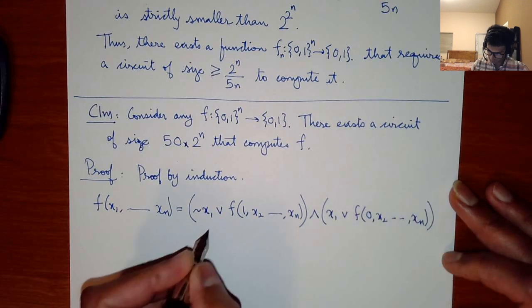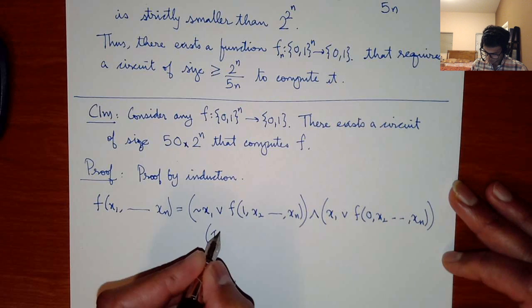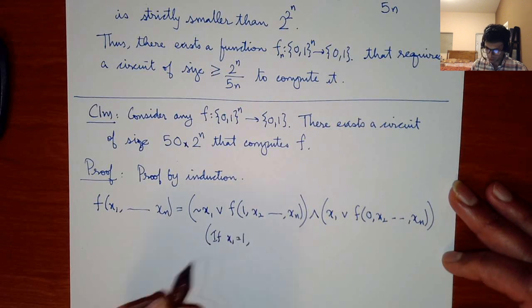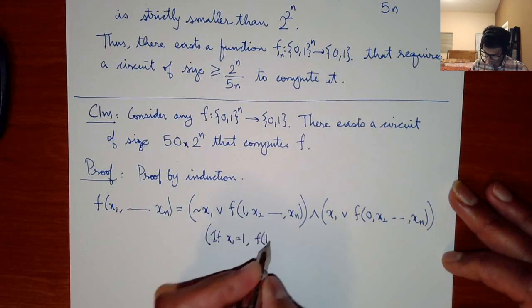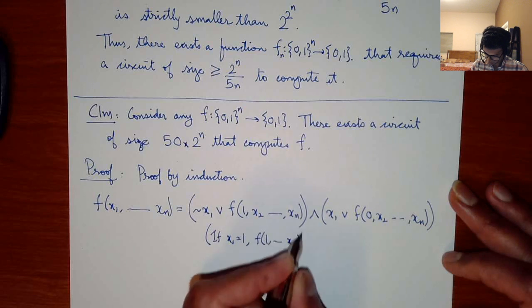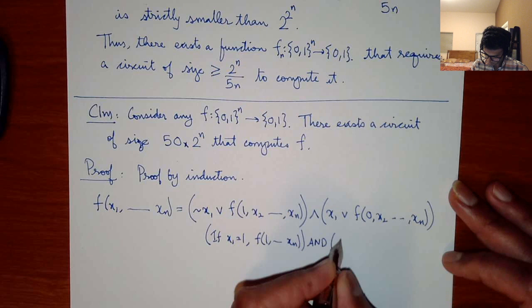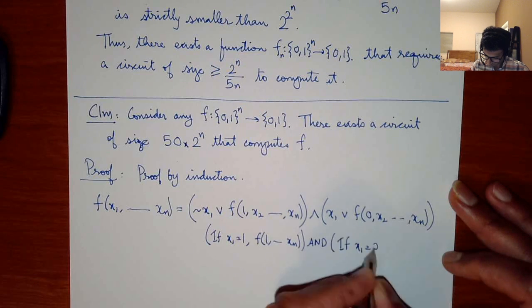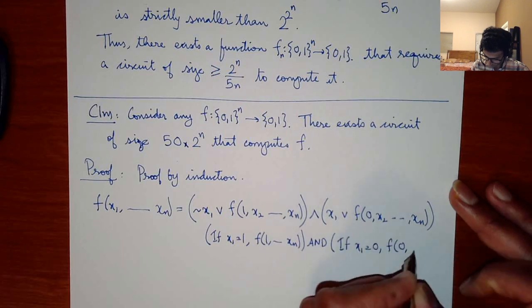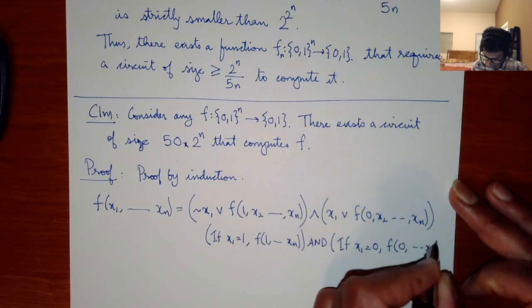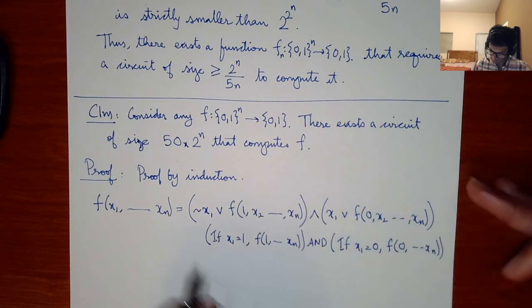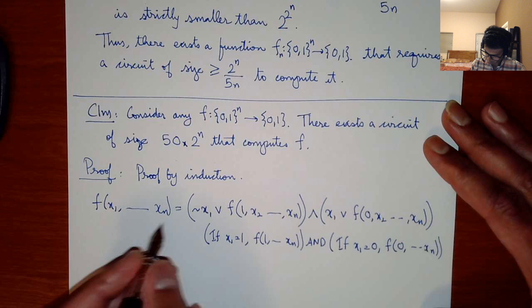So in some sense, this is just saying that if x1 is equal to 1, then it's just f of 1 x2 to xn, and if x1 is 0, then you just do f where the first bit is set to 0. Right? So this is the basic construction here.